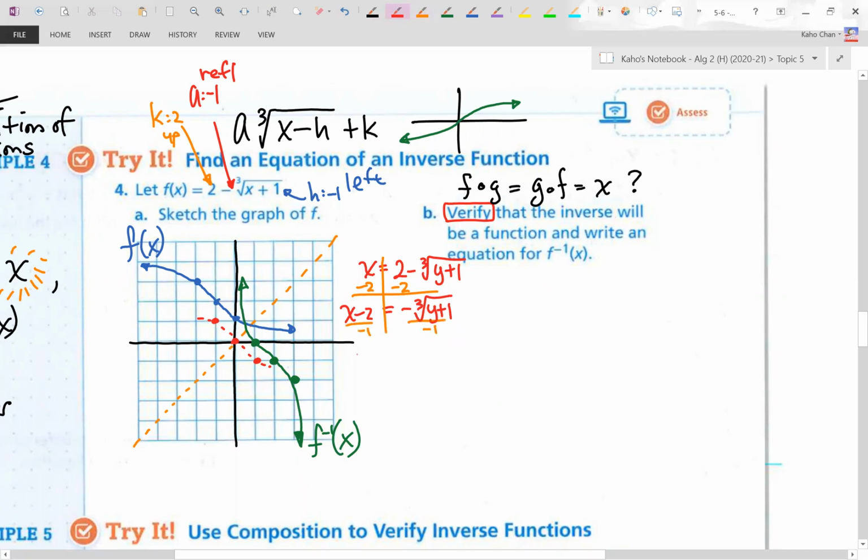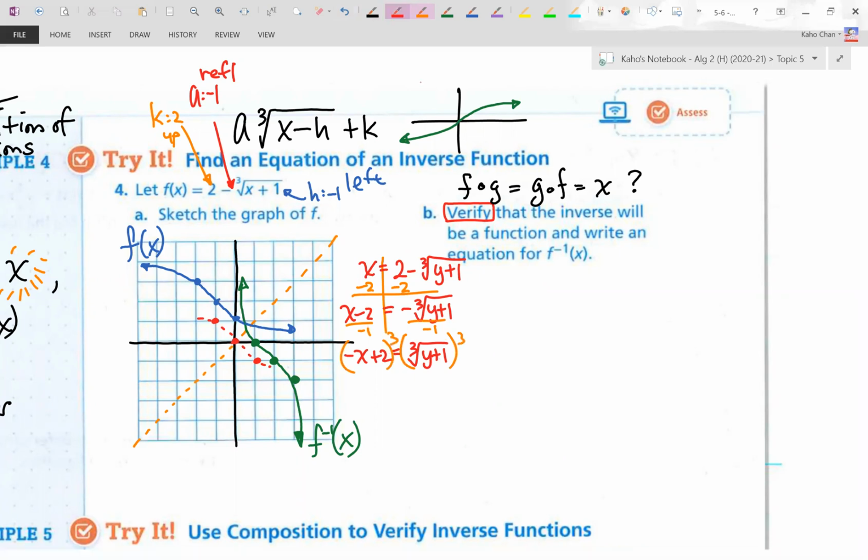This becomes negative x plus 2 equals the cube root of y plus 1. Cube both sides next to get rid of the cube root. Nice.